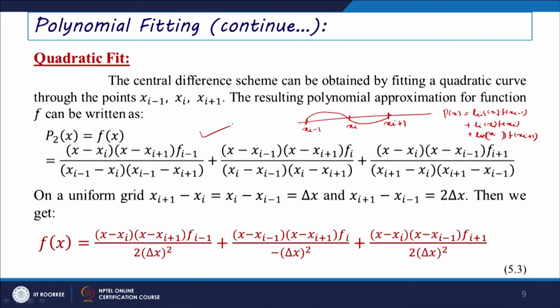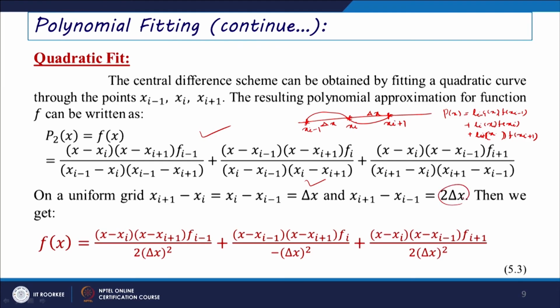On a uniform grid, since these 3 grid points are placed at equal distances, we consider this as del x here, and this as del x here. So we can write xi plus 1 minus xi equals xi minus xi minus 1, which is nothing but del x. And xi plus 1 minus xi minus 1 can be written as 2 del x.